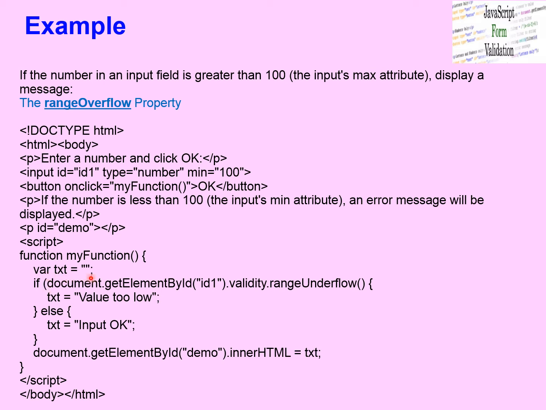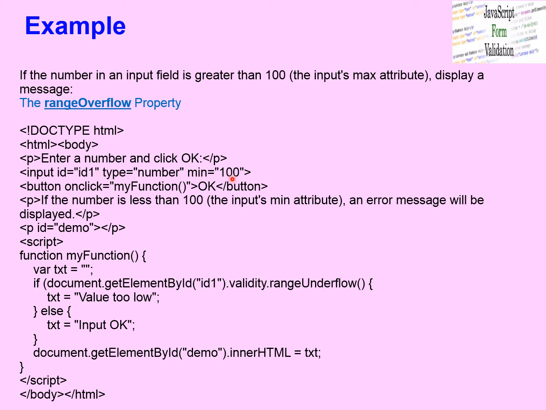Then: if document.getElementById("id1").validity.rangeUnderflow. Here it is trying to access the data using the id id1, using the getElementById method. Here id1 is the corresponding input of type number which is specified with minimum value 100.